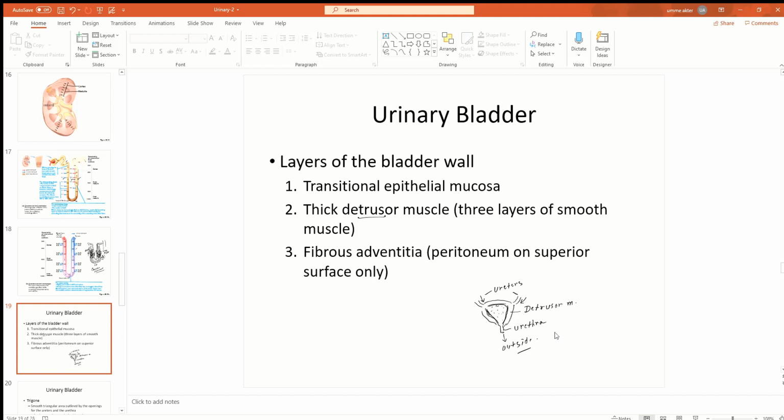Okay, and transitional epithelium, remember, doesn't let the fluid get out, which is very helpful here, right? Because we don't want the urine to get out from the bladder and enter into the body. We don't want the urine to go back to the body. It should stay there and get out.